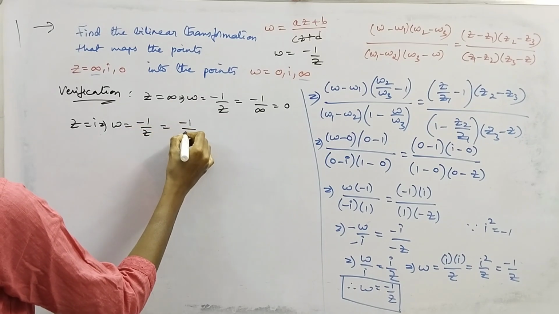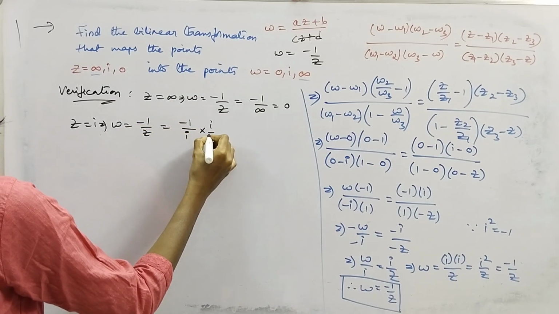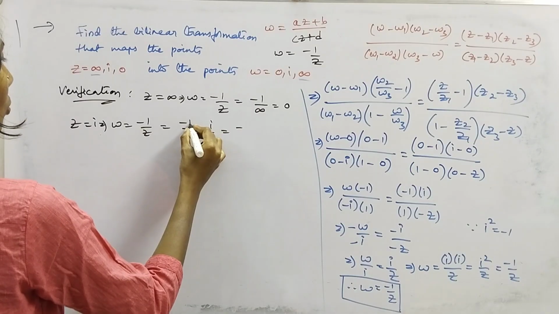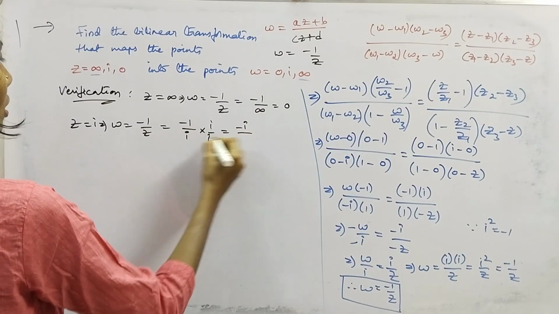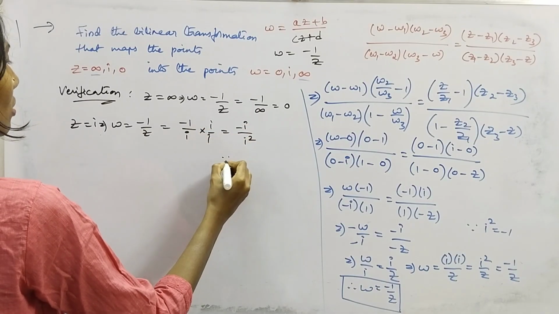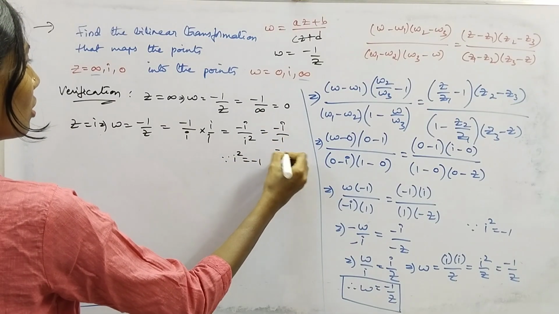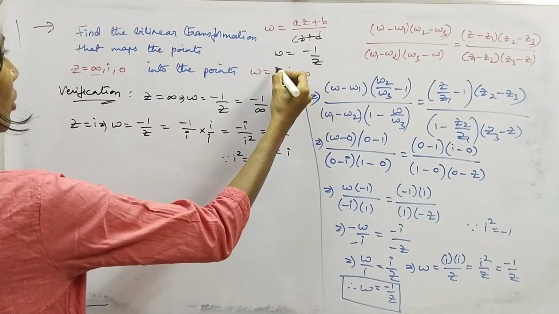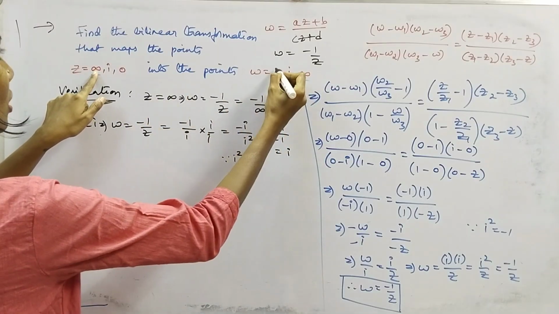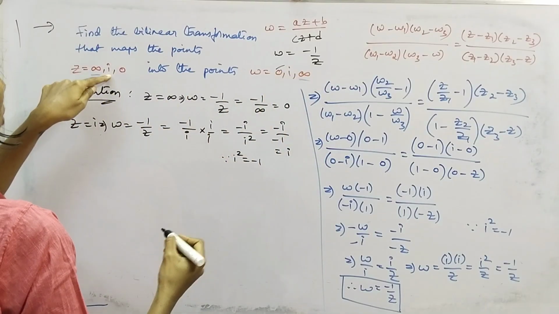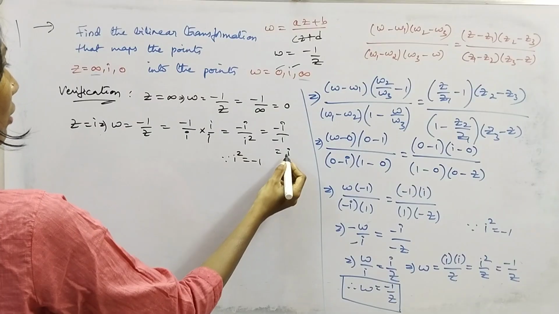Substitute the value of z, which is i, multiply and divide by i, you'll get minus 1 into i, which is minus i, over i square. Since i square equal to minus 1, you'll get minus i by minus 1, which is i. When z equal to infinity, ω equal to 0. When z equal to i, ω equal to i.